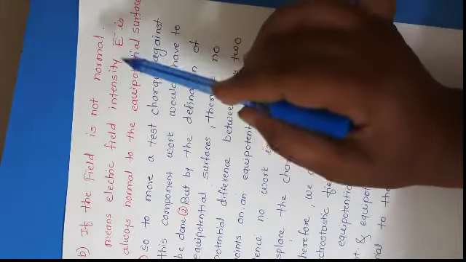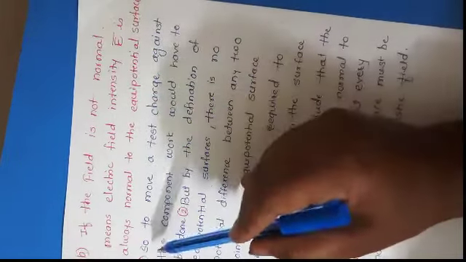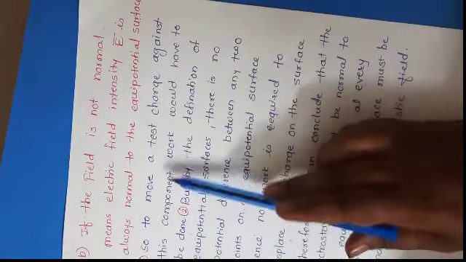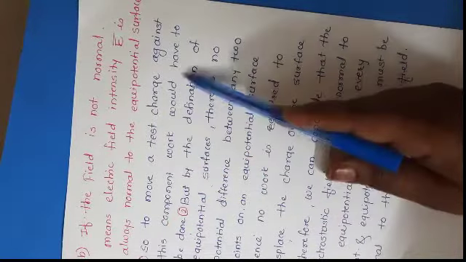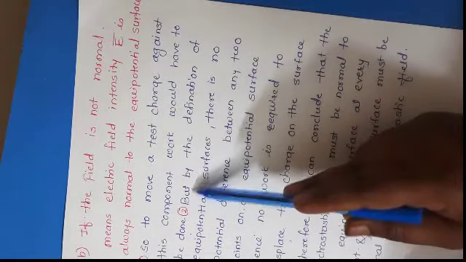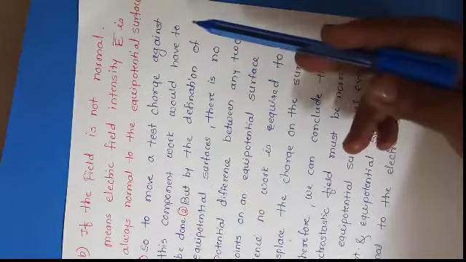If the field is not normal, meaning it is not perpendicular to the surface, then to move a test charge against the component of the field, work would have to be done. If the test charge is moved, work would have to be done.